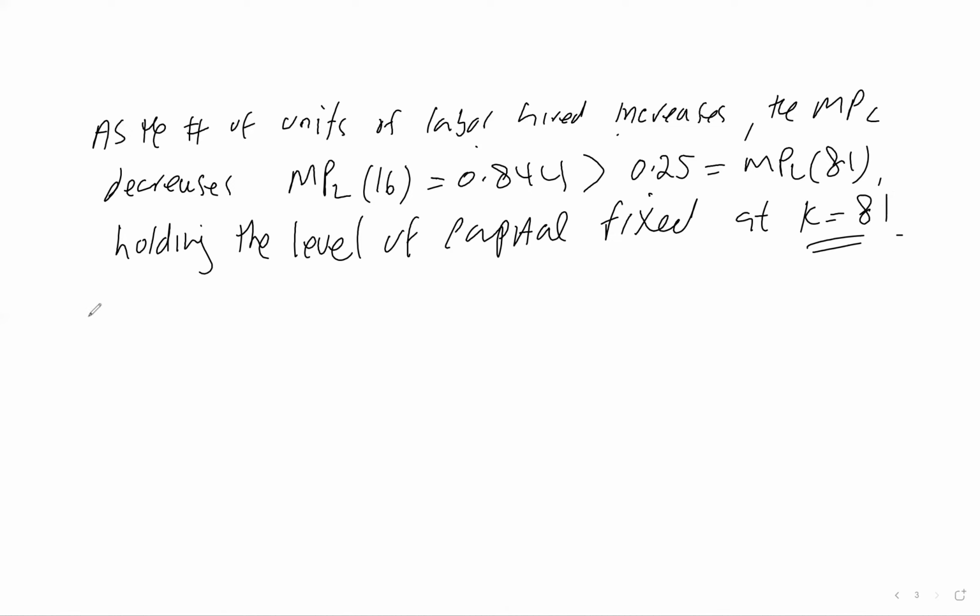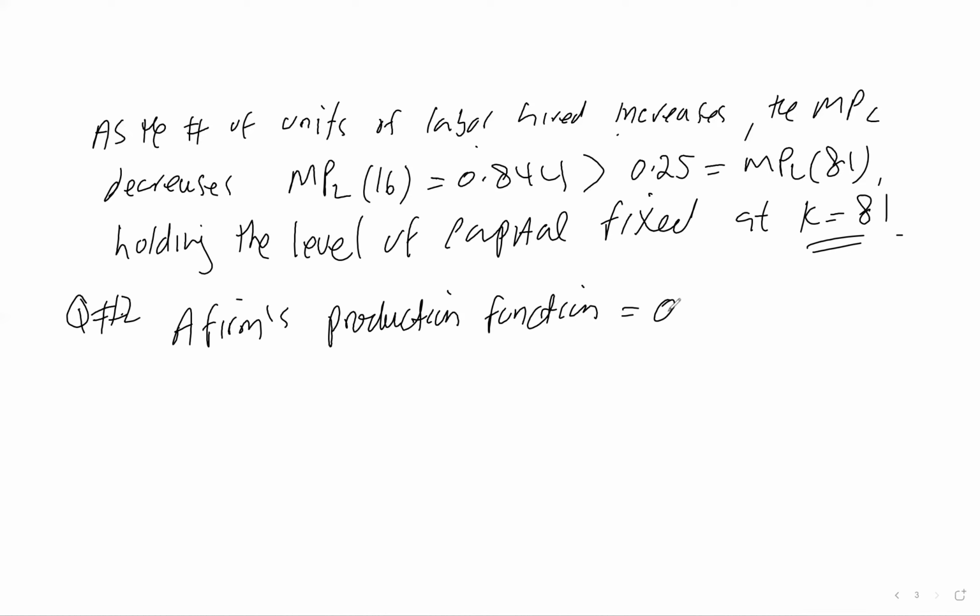The second one is going to be question number 2. And question number 2 is a Leontief production function. So a firm's production function is Q equals F of K and L, and that is equal to min of 4K and 8L.